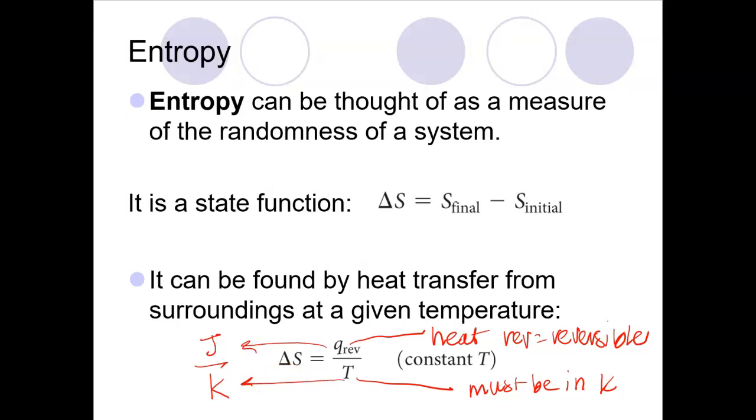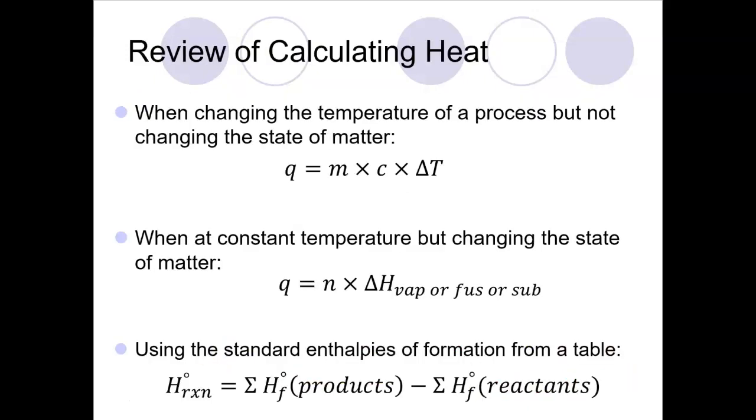So we're going to do a quick reminder of some stuff from chapter 5 on how to calculate heat, how to calculate Q, because we'll have to be able to do that before we can use that equation. Actually, all three of these equations came from chapter 5. So Q equals M times C times delta T is the equation that we used when we did calorimetry.